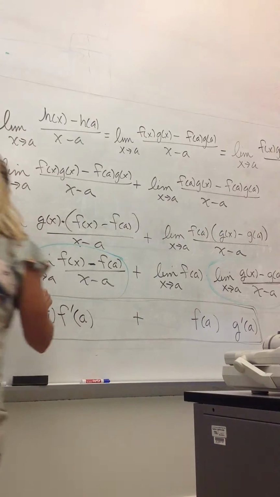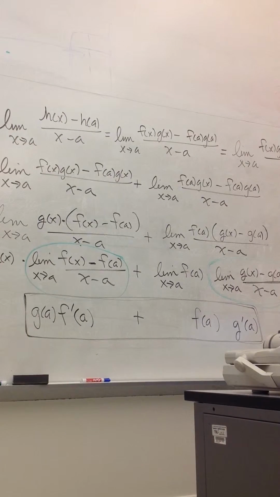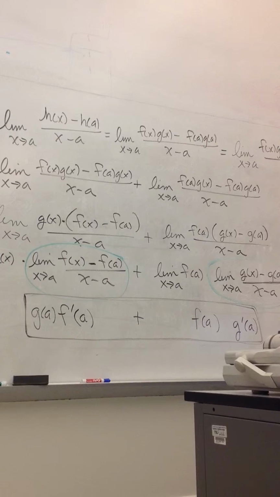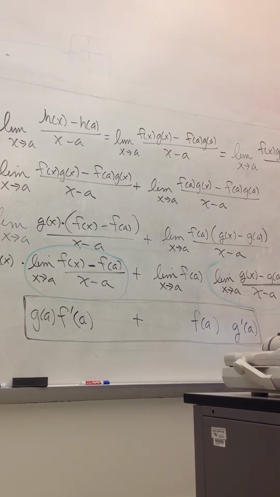There's a verbal form of it that people use to help remember what they're supposed to be doing. If you step back, first notice that you've got a sum, and what you're adding is the one function times the derivative of the other one. And then you reverse.